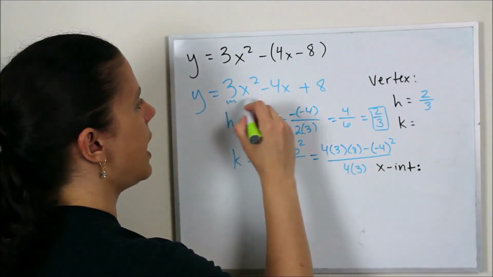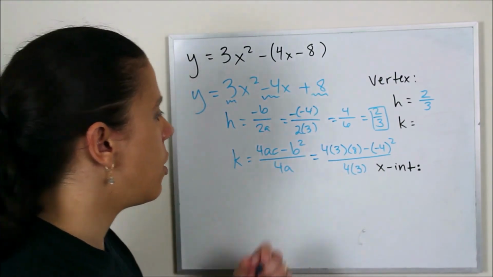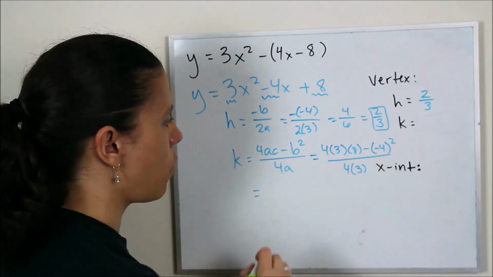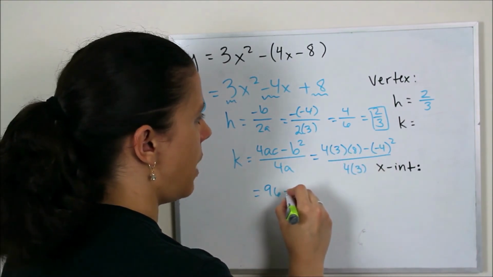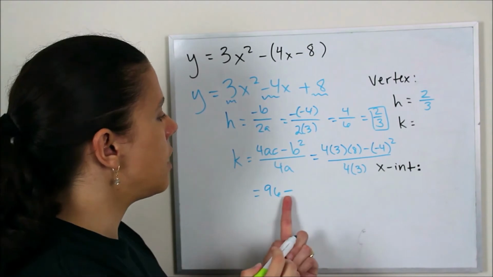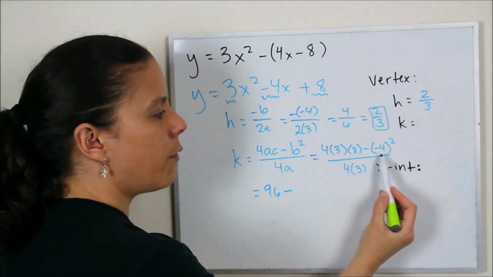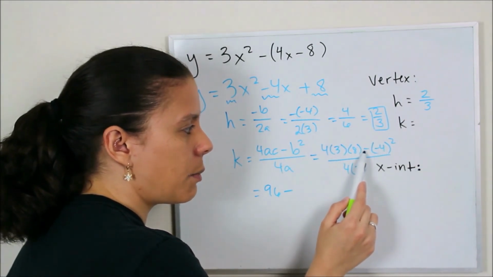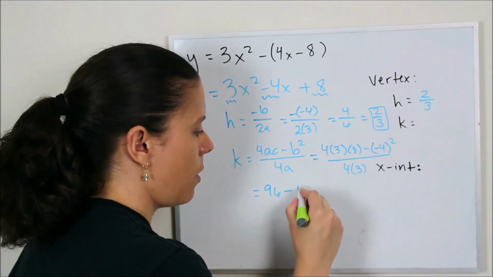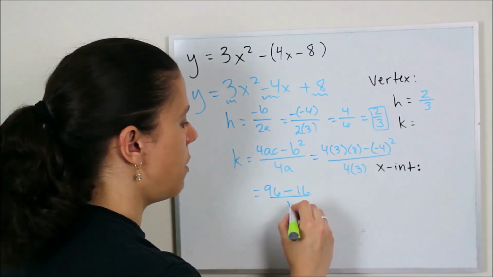Because we know this is our A, this is our B, and this is going to be our C. All right, so let's do that math real quick. It's going to be 96 minus, now it's still going to be minus because the -4 is going to be squared, so -4 times -4 is positive 16, but that's going to be minus 16, so minus positive 16. All right, and that's going to be divided by 12.